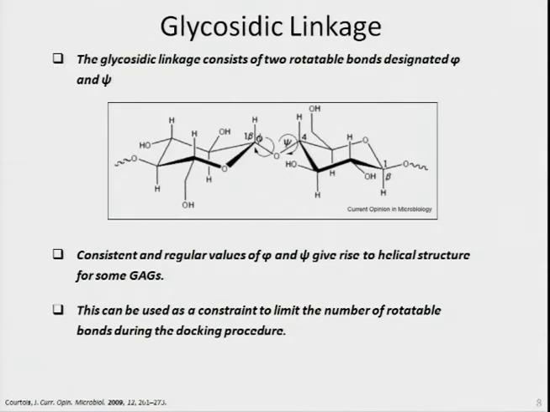Heparan sulfate and heparin have a fairly regular structure because of these factors. And these give rise to helical structures in the extended linear structure. So because of this consistent and regular value for phi and psi, we can use this as a constraint to limit the number of rotatable bonds during the docking procedure, as we'll see a little bit later.